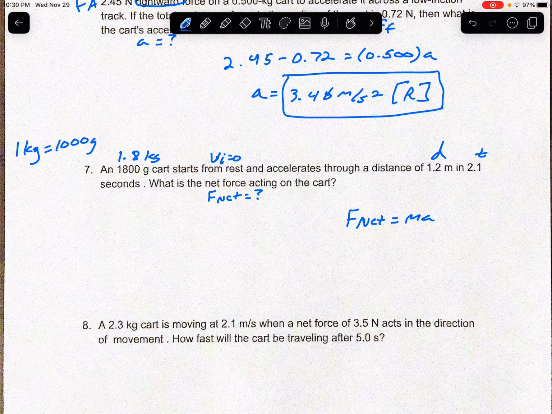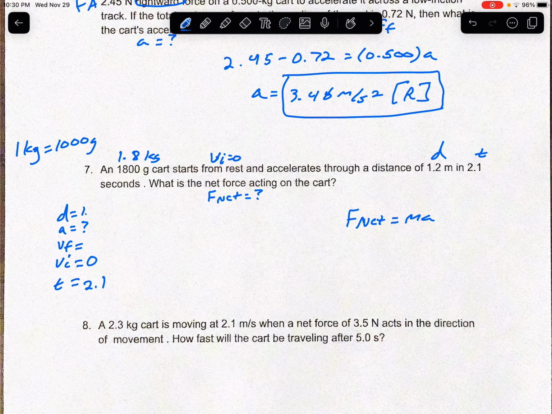So I have mass. I don't have acceleration, though, so we're going to set up Daffy T. So I know I need that A to cross that bridge. So VF, we don't know. It doesn't mention it. VI is 0. Time is 2.1 seconds.